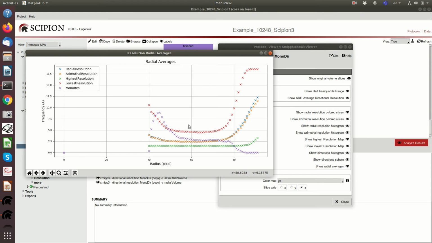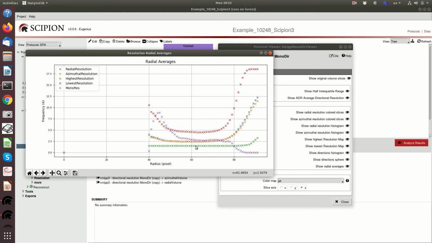And probably we are here limited by other factors that are not angular assignment. We are limited by the CTF correction, that we didn't use the beam tilt, and we are also limited by the number of images, the resolution of those images in the micrographs, and so on. So we see that for the best direction, the highest resolution is 1.4, but this is not something you can trust too much.